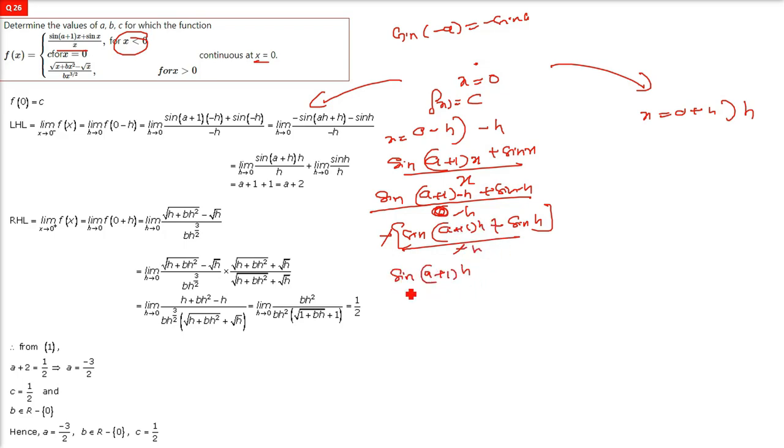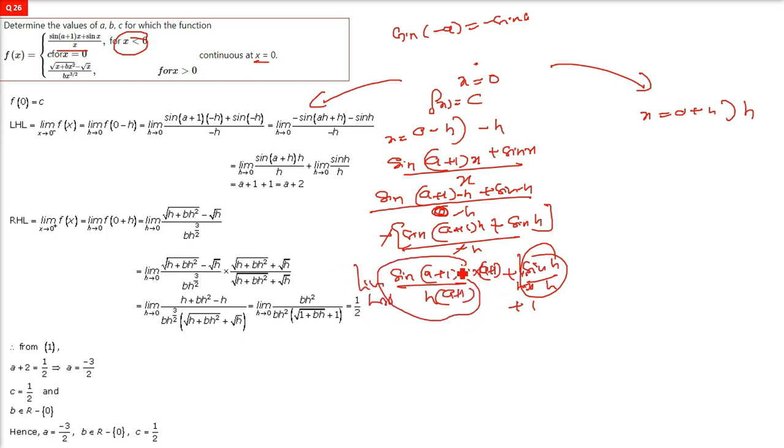So sin of (a plus 1) into h divided by h, plus sin h by h. Now just apply the limit here, h tends to 0. This is going to be 1 plus 1, and here we have to divide and multiply by a plus 1 just to make it sin theta by theta. So when we apply the limit, this whole thing is going to be 1 because it is equivalent to sin theta by theta. Only a plus 1 is remaining, so just write a plus 1, and a plus 1 was already there, so this left hand side is a plus 2.